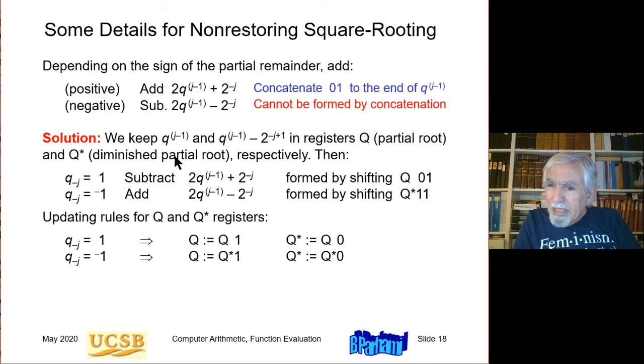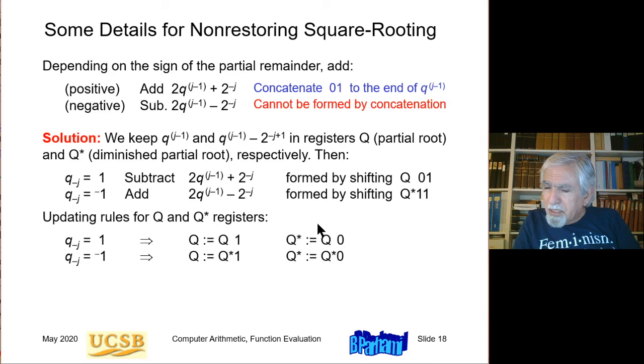Okay? And then as I proceed through the division algorithm, whenever I choose the quotient digit to be 1, I update the partial quotient. So the new partial quotient becomes q appended with 1. I decided the quotient digit to be 1, so I append q with 1. Q star, which is the diminished quotient, will be q followed by 0.